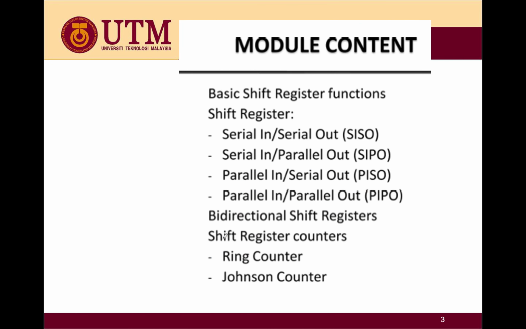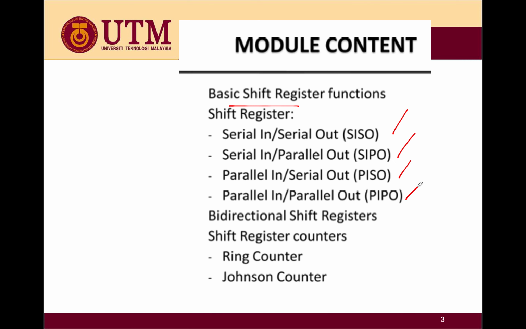So what you're going to look into in this module 9 is the basic shift register function. On the shift register, you're going to see 4 different types, which are SISO, serial in, serial out; SIPO, serial in, parallel out; PISO, parallel in, serial out; PIPO, parallel in, parallel out.